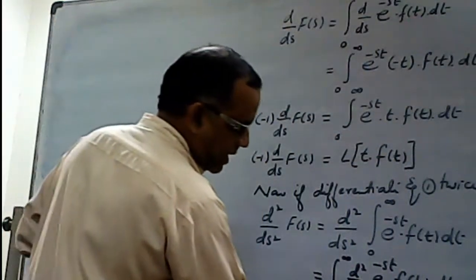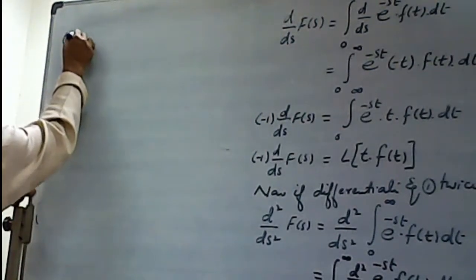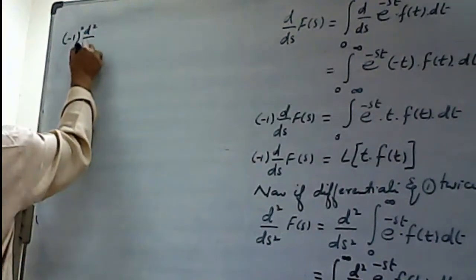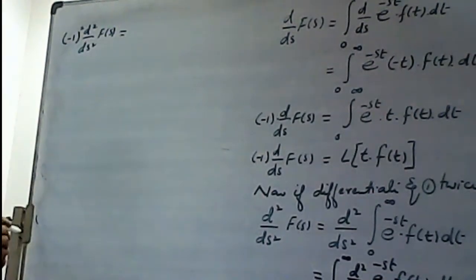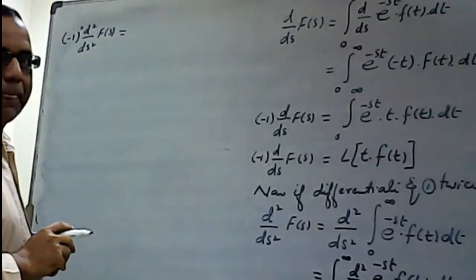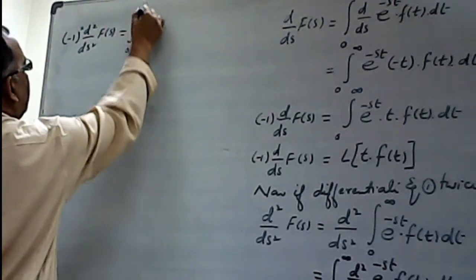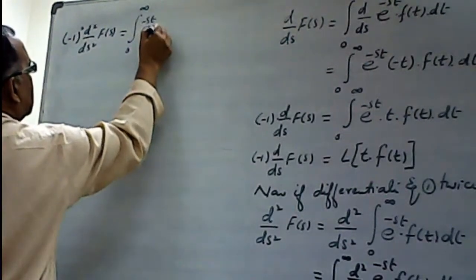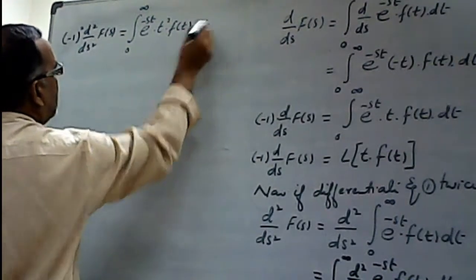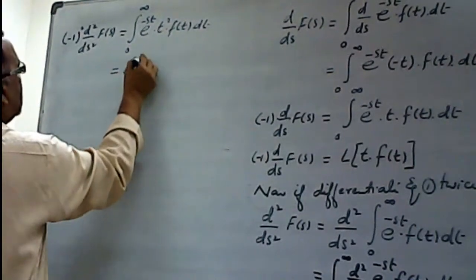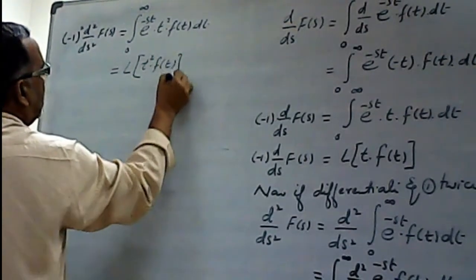Instead of writing minus minus plus, I am writing minus 1 power 2, d2 by ds square F of s, which will be equal to integral 0 to infinity e power minus st into t square f of t dt. So this is Laplace of t square into f of t.